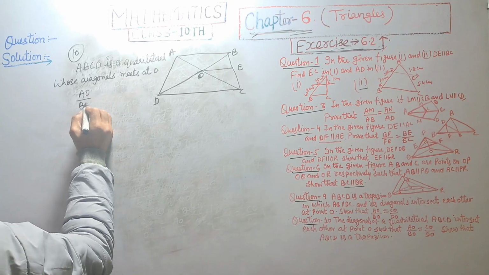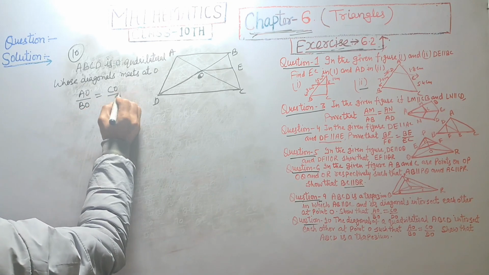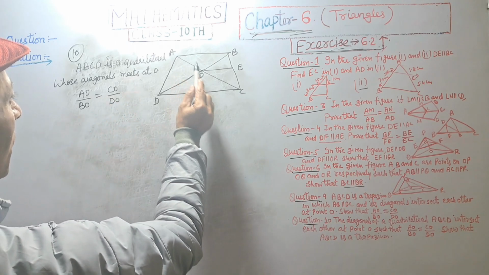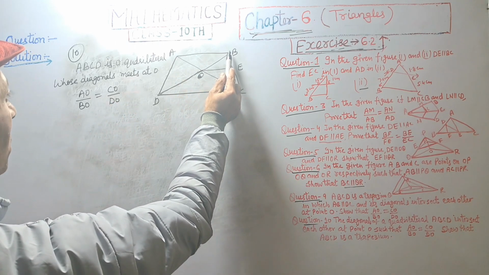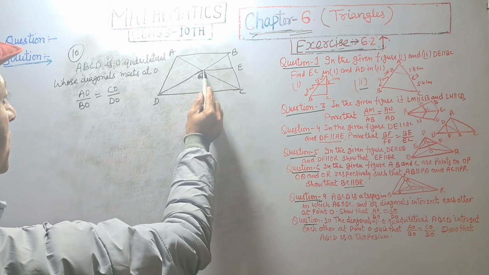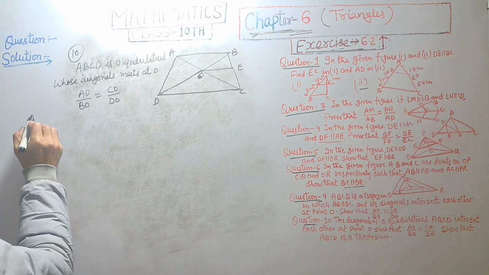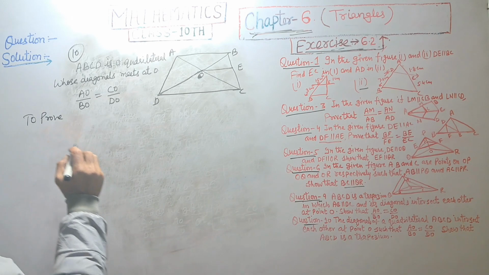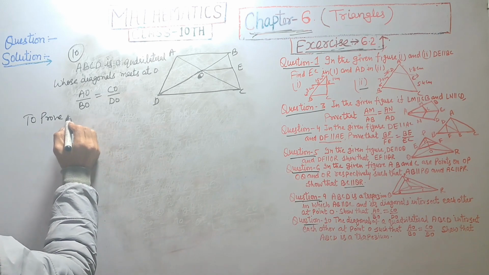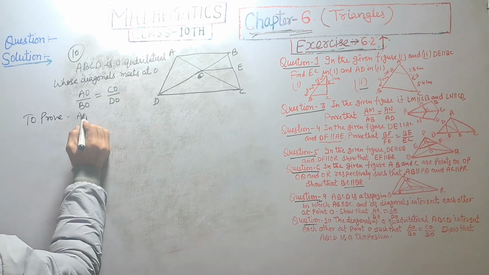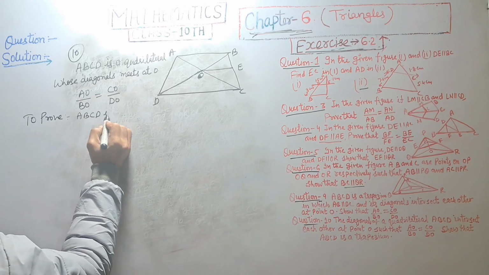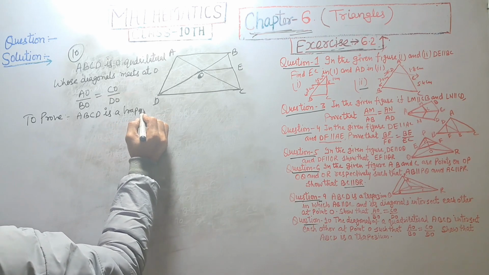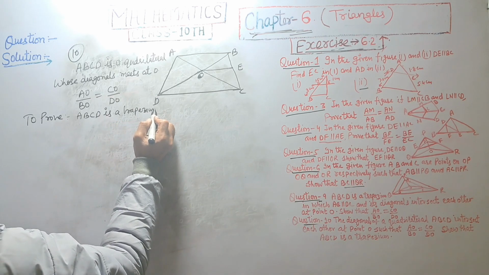AO upon BO is equal to CO upon DO. To prove: ABCD is a trapezium.